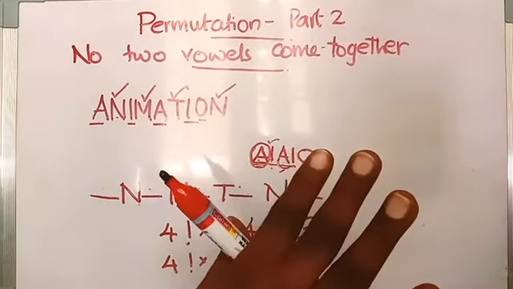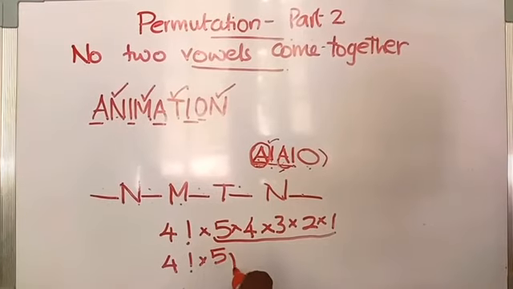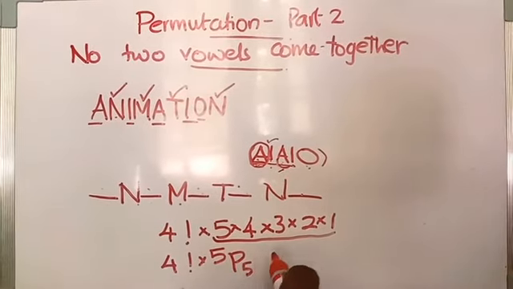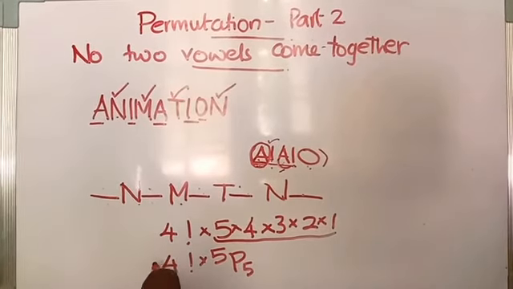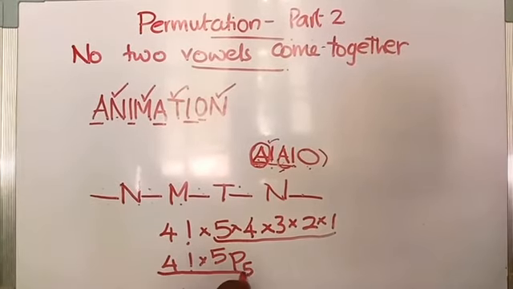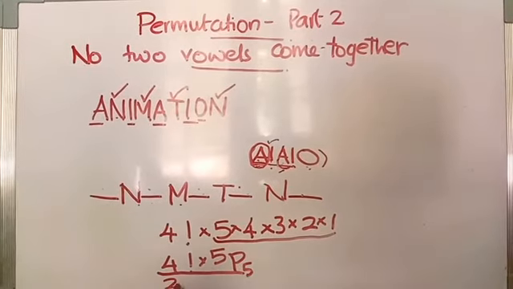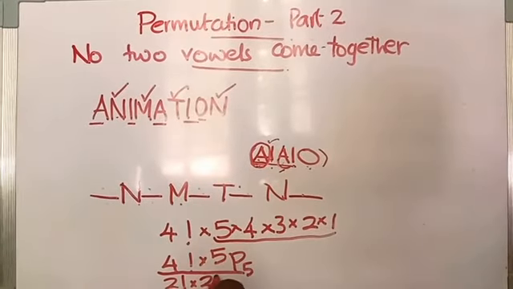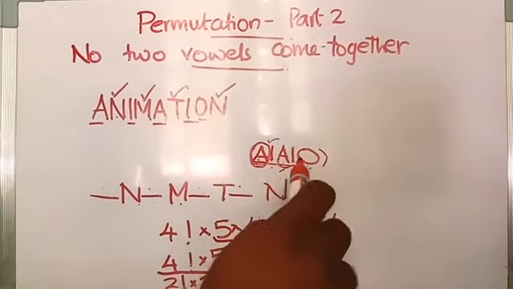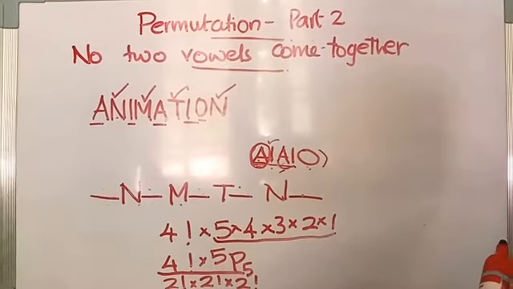Placing 5 vowels in 5 places, how do you write it? 5P5. Now you have to check the repetition. Repetition is always important. There are 2 N's, so 2 factorial, there are 2 A's, so 2 factorial, there are 2 I's, so 2 factorial. We get the answer for this.